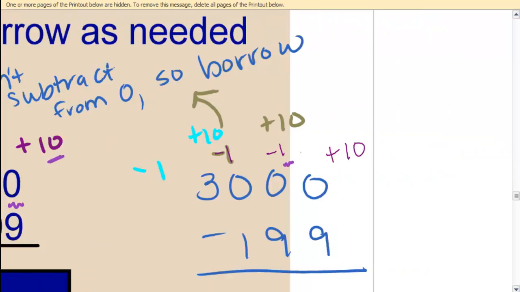So we're going to have to take 1 away from the hundreds place in order to add 10 to the tens place. Again, we're going to repeat this process, and we see that there's nothing in the hundreds place, so we're going to have to add 10 there by taking away 1 from the thousandths place. So we end up with 10 in the ones place.